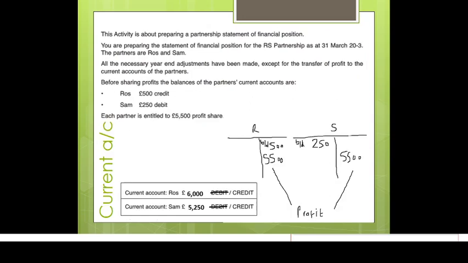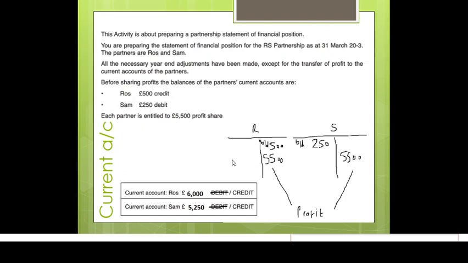Okay, so I've just done a quick T account on Paint. Quickest thing for me, Ross 500 credit, Sam 250 debit, and they have a 5.5 profit share, so increase, okay. And if you add these two together, you have 6,000 carried down here.